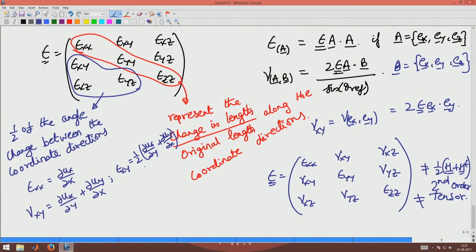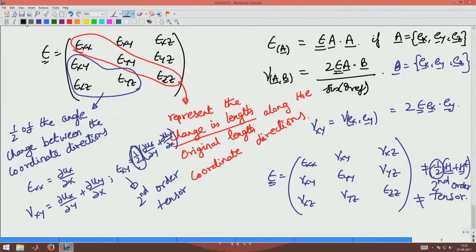This half is what makes this a second order tensor. In gamma xy that half is missing, hence this 2 will not be there when you use this as a strain matrix. That is not a second order tensor, it is a strain matrix.